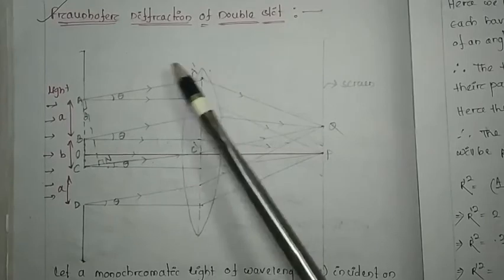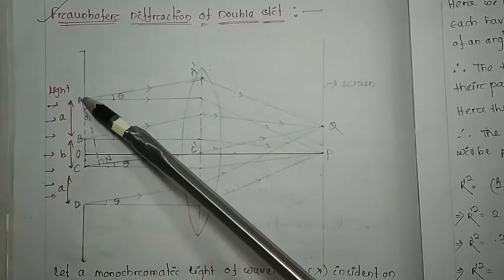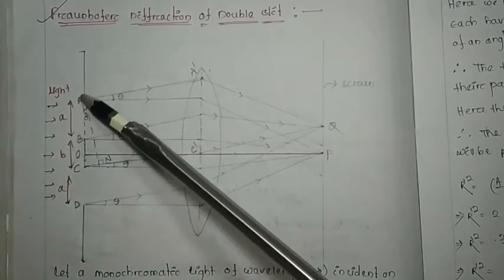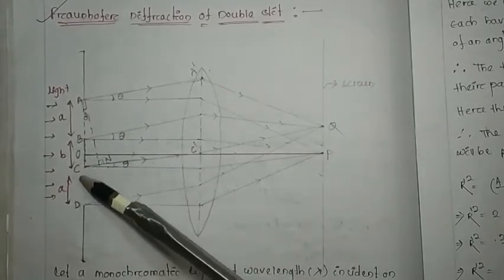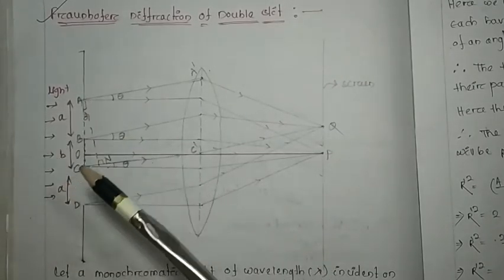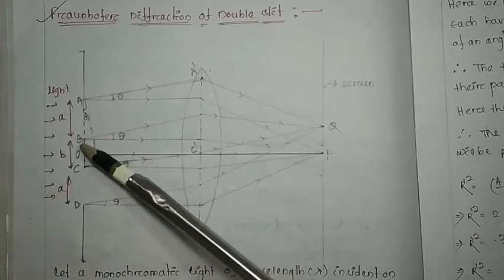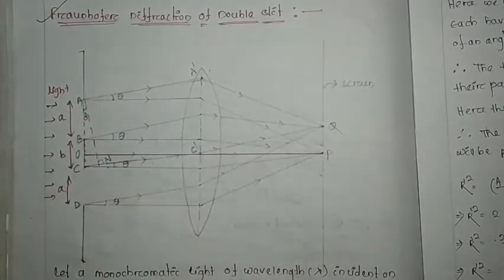And also, as we have two slits of larger width, we can expect diffraction of the light at each width.